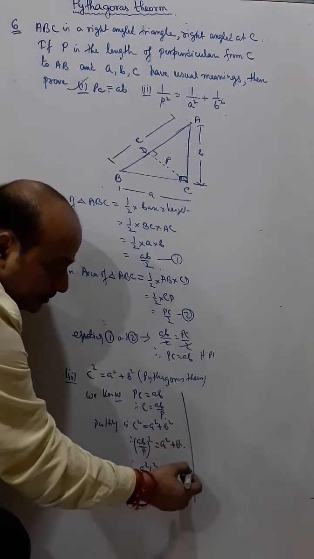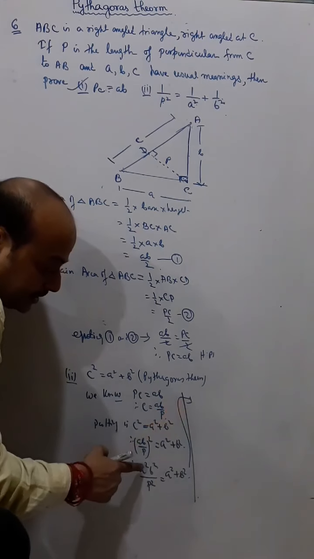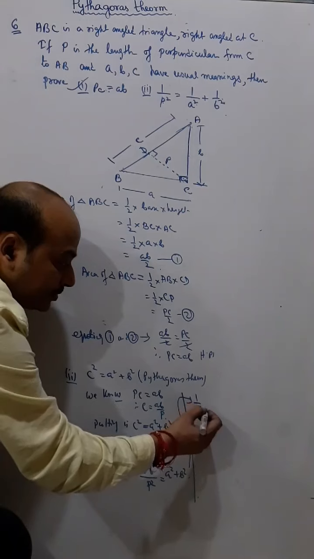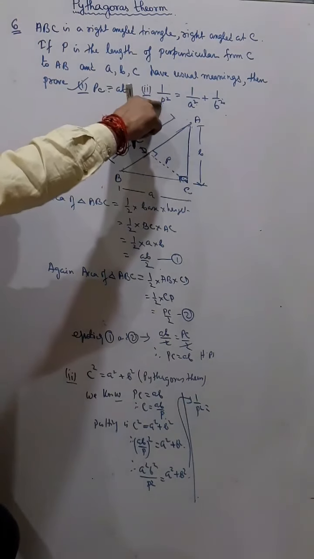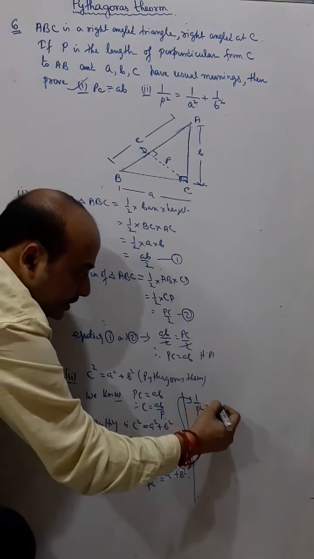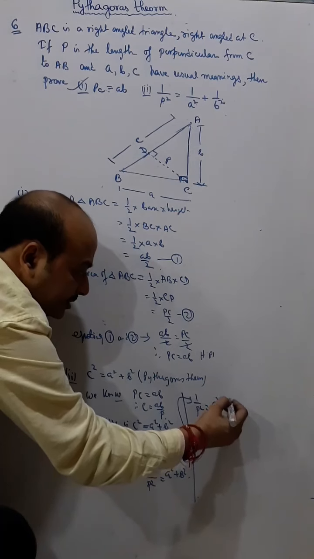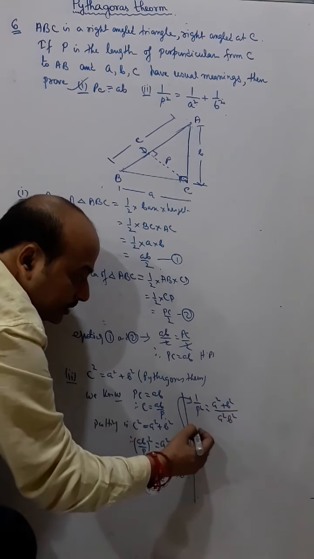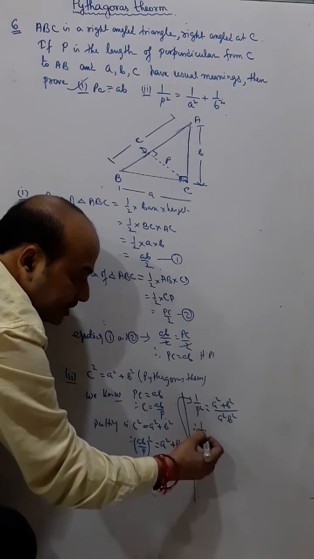And now we can take this a square b square to that side. So we can say 1 by p square, because we require 1 by p square, is equal to a square plus b square by a square b square.